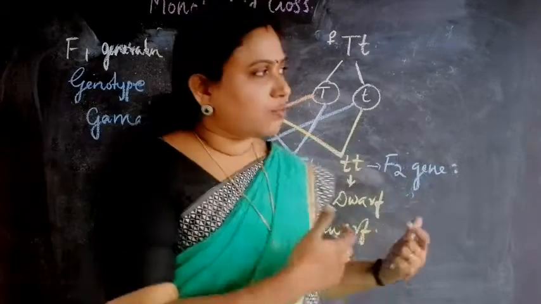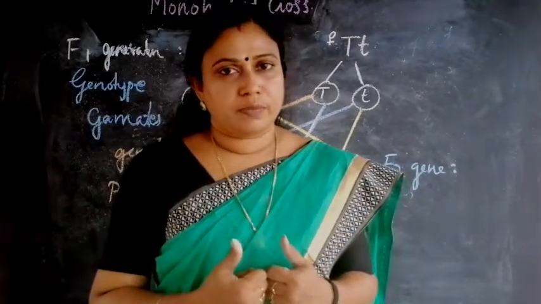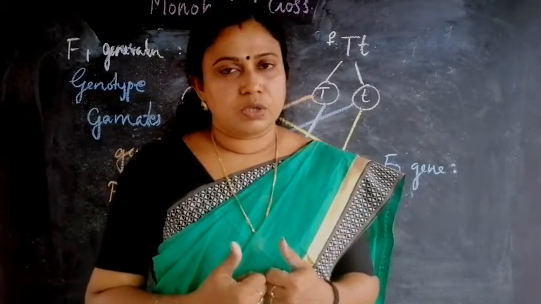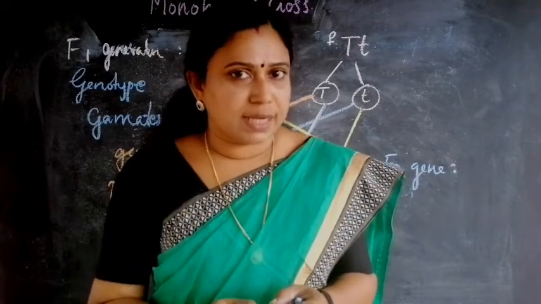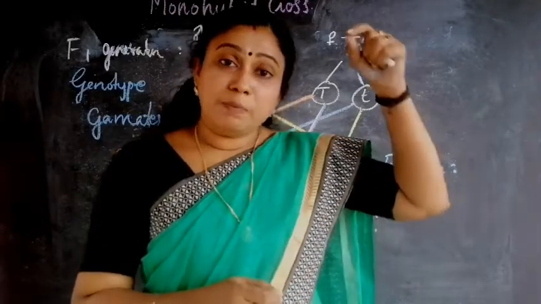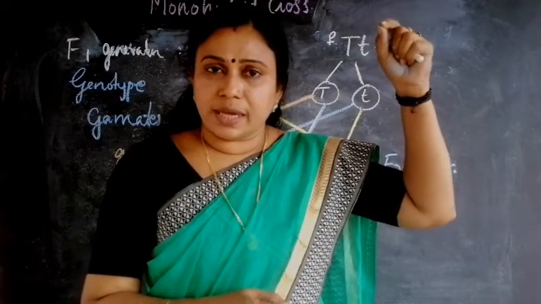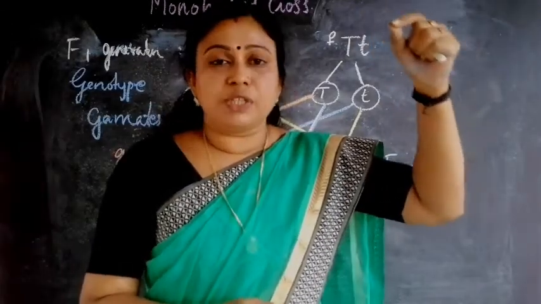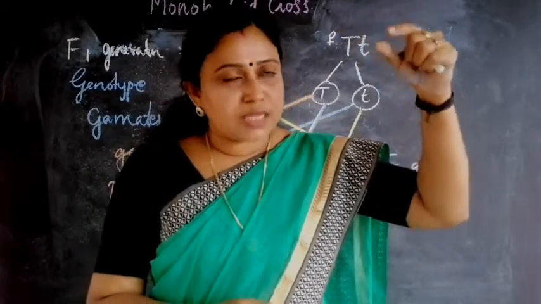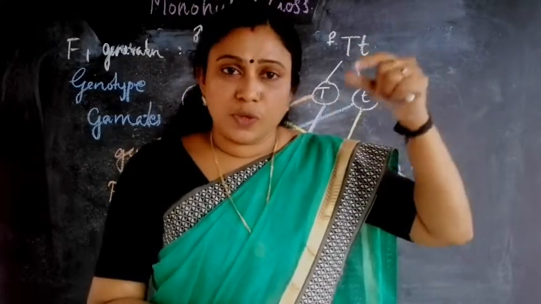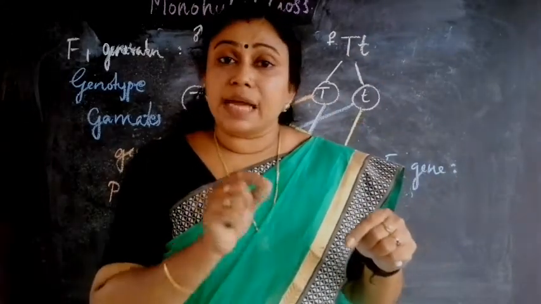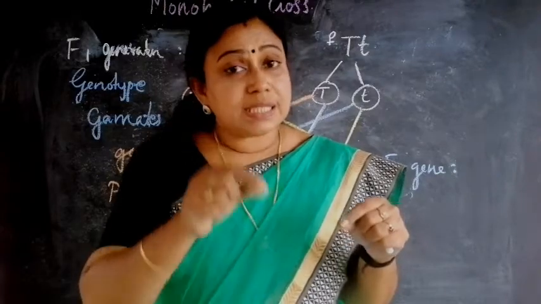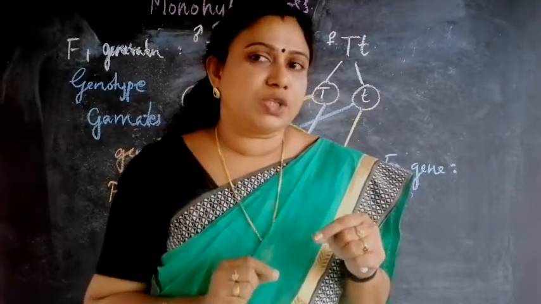Then how is this dwarfness shown in the F2 generation? From this we can understand that from the parental generation the dwarfness is there, and that particular gene for the dwarfness is carried or transferred to the next generation, and it is not expressed, it is suppressed in the F1 generation.